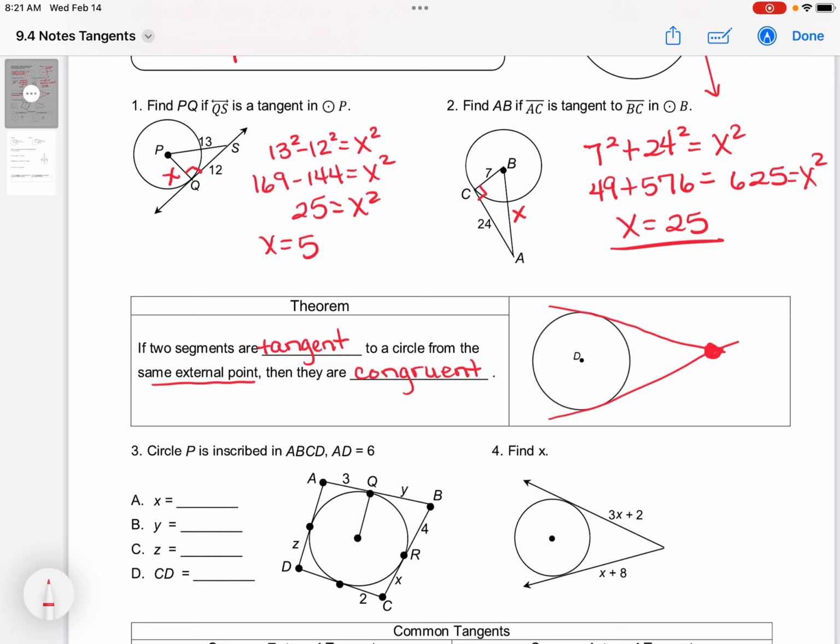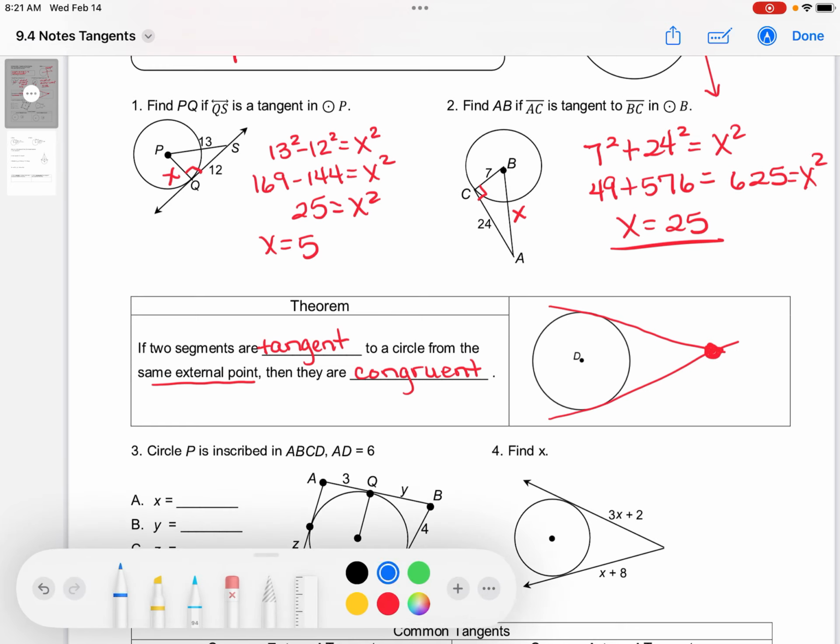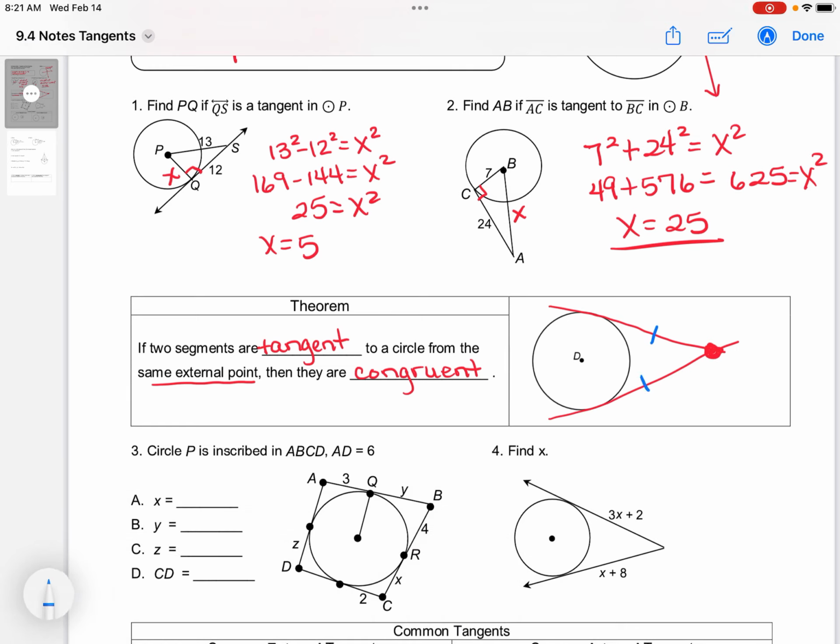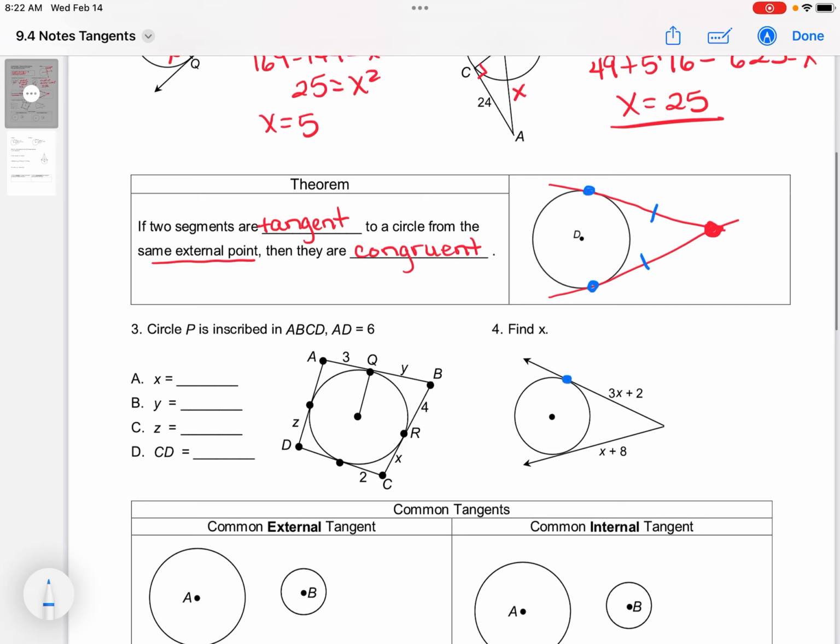So let's say I have a dot right here, then this and this are equal to each other at that point of tangent. So at number 4, this segment is x plus 8 and this segment is 3x plus 2. I'll just do them out of order since I'm already looking at this one.